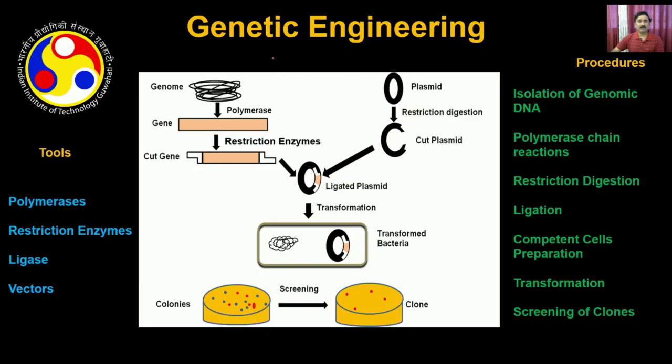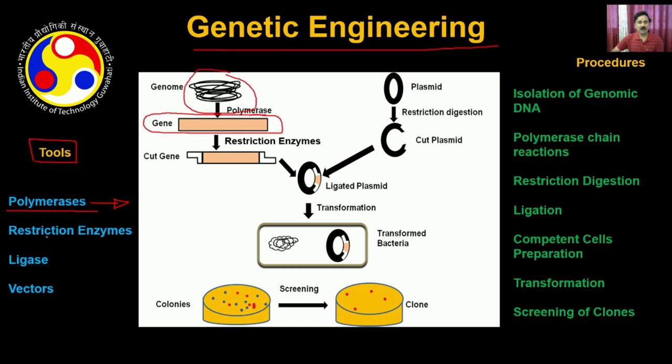So this is all about the different types of tools that we are using in genetic engineering. We have discussed the polymerases and how they are useful for isolating a particular gene from the genome, and once you have the gene, how you can use the restriction enzyme to generate the DNA fragment with sticky ends.